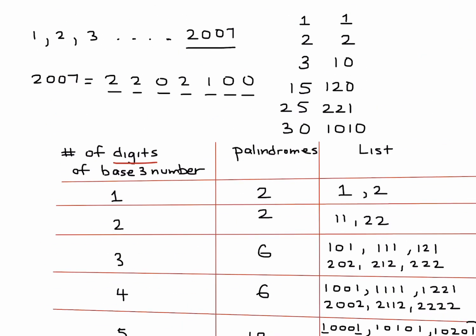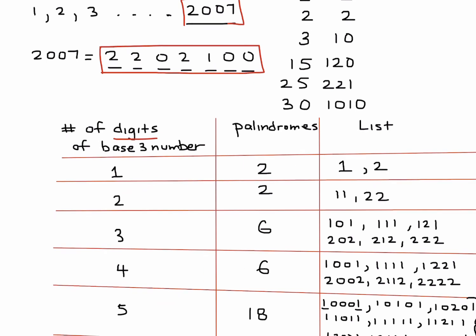But I'm only going up to 2007. There's certain numbers that I have included in this list here that are greater than 2007. So I have to get rid of those. And that's where my base 3 representation of 2007 comes in handy.